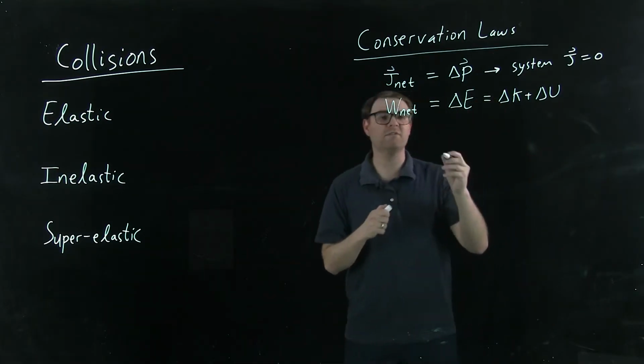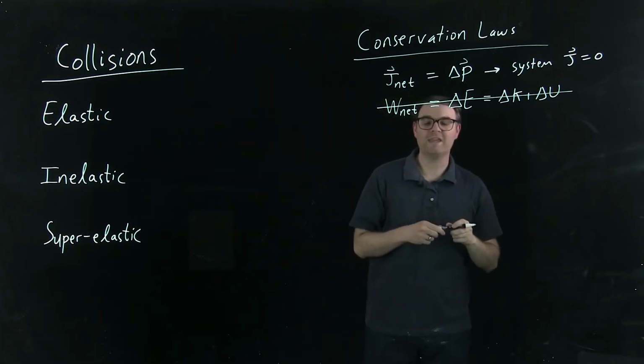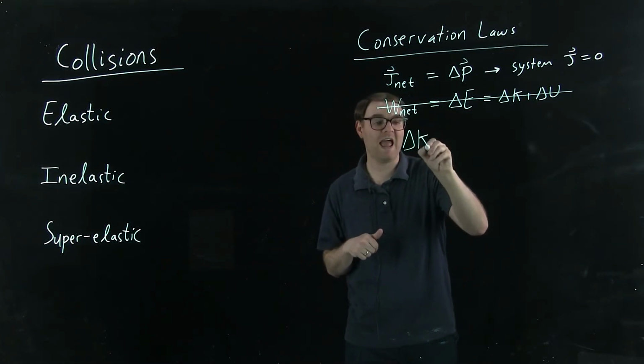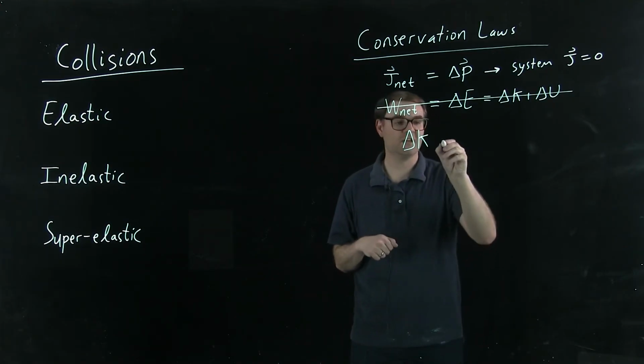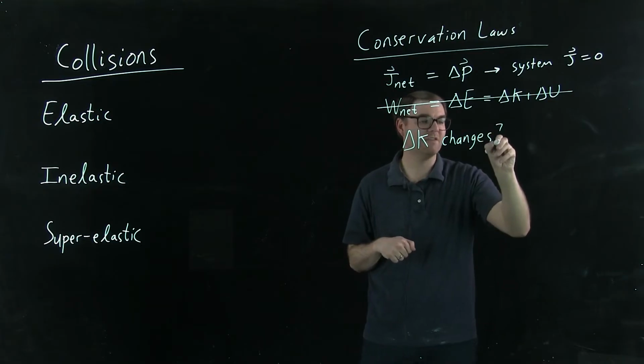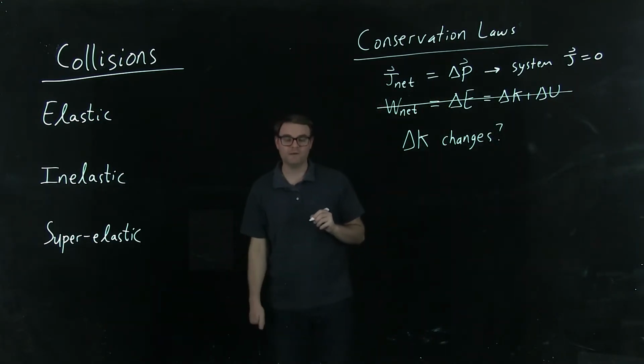So often, rather than use the full version of the work energy theorem, what we care about in a collision perspective is, does the kinetic energy of the system change or not? So that's the thing that you're going to look at to figure out what kind of collision you are dealing with.